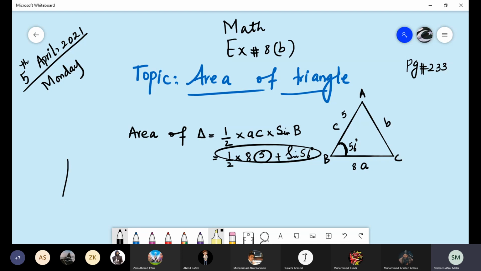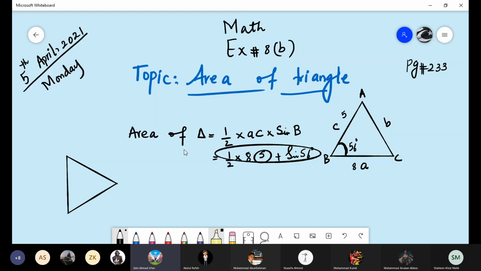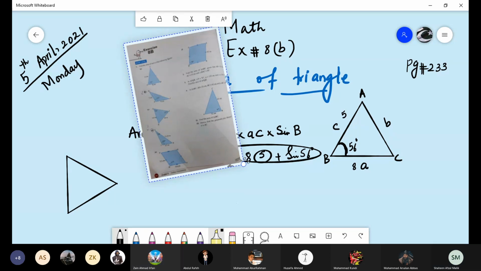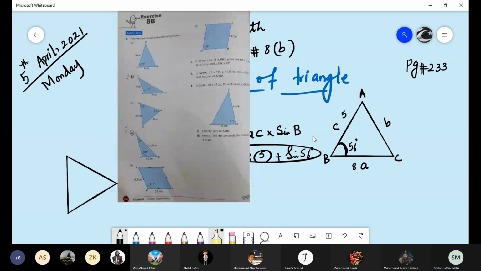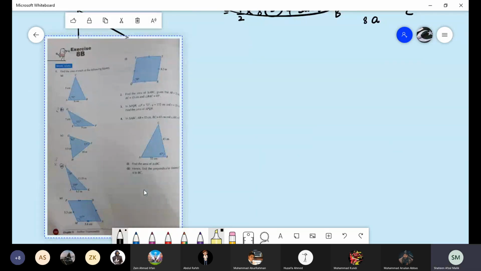But there was a question, part C, where two sides are given but the angle between them was missing.